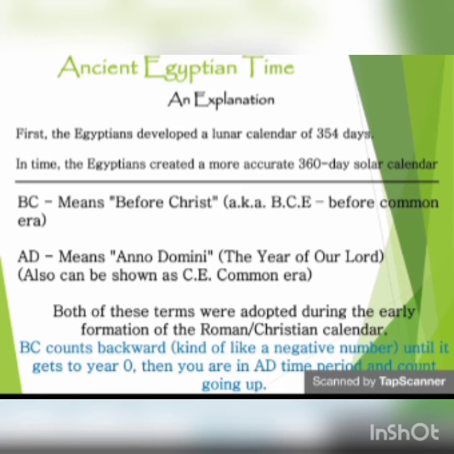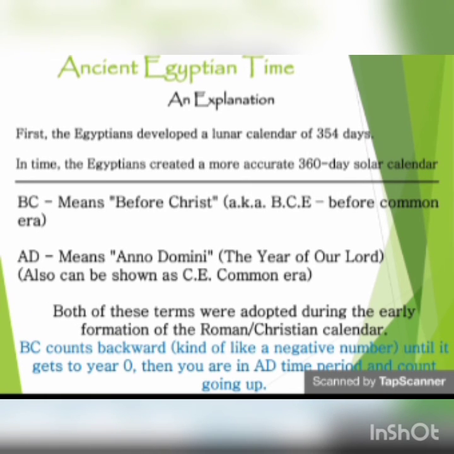Now, briefly explaining ancient Egyptian time: first the Egyptians developed a lunar calendar of 354 days. Later the Egyptians created a more accurate 360-day solar calendar. So they developed a lunar calendar as well as a solar calendar.